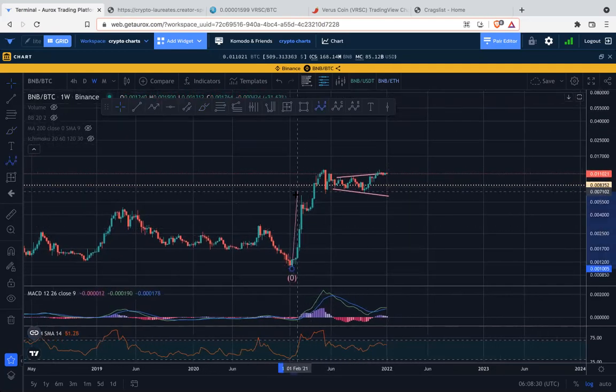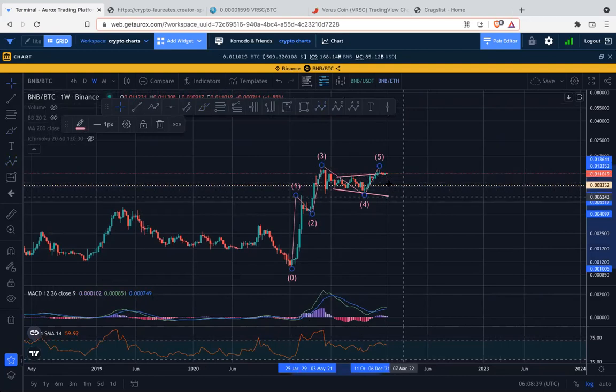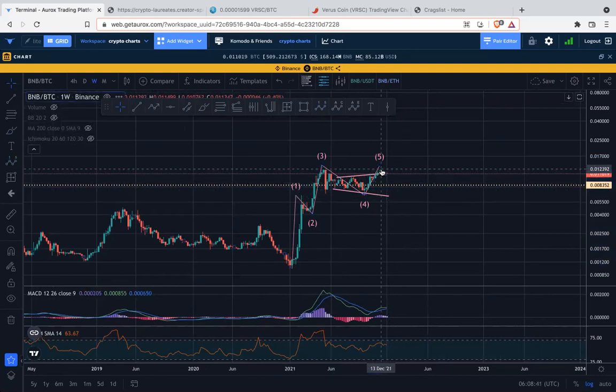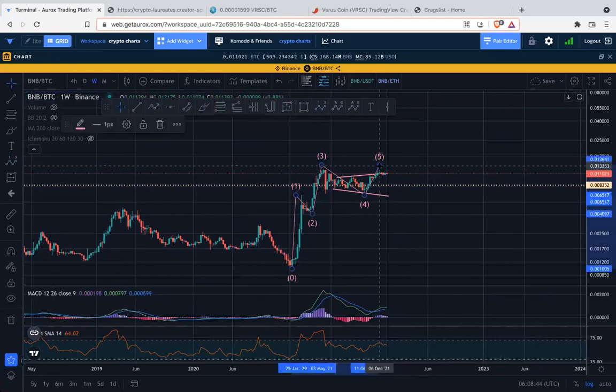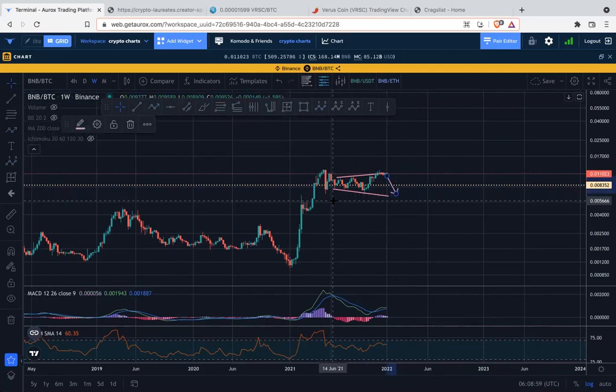Is it some sort of impulse with a 1, 2, 3, 4, and a 5 that failed? I don't know, but I don't think so, because if the 5 failed and it was one of those kinds of moves, then the retracement to the downside would be strong and hard, and it would take less time to break below this 5th wave beginning. It'll take less time than it took to form.